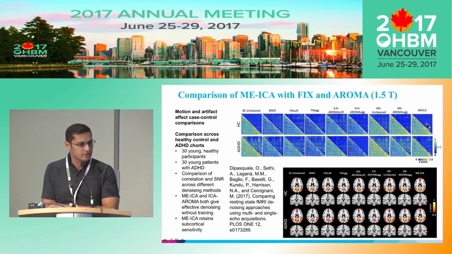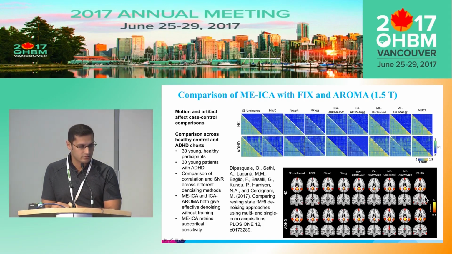In these different correlation matrices, what we see is that multi-echo ICA attenuates residual correlation equivalently for ADHD and healthy controls, whereas that's actually not true for several of the other methods. Several of the other methods either do not clean the data equivalently, or neither of them clean the data particularly well.